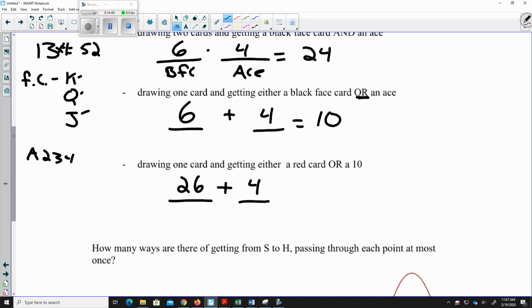But what we're not taking into account is, with all our red cards, if we were to draw them all out, so we have hearts and diamonds. And you would have ace, 2, 3, 4, 5, 6, 7, 8, 9, 10, jack, queen, king.